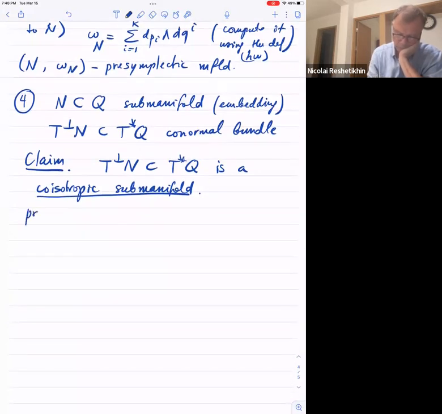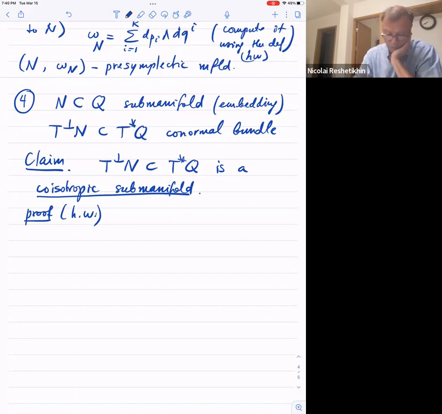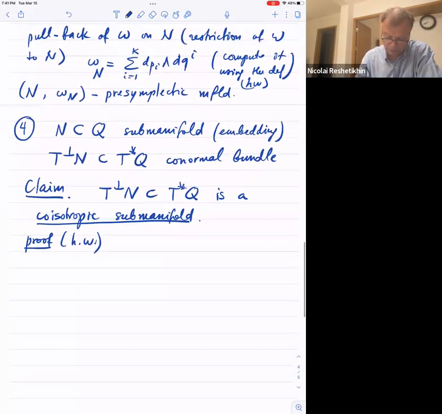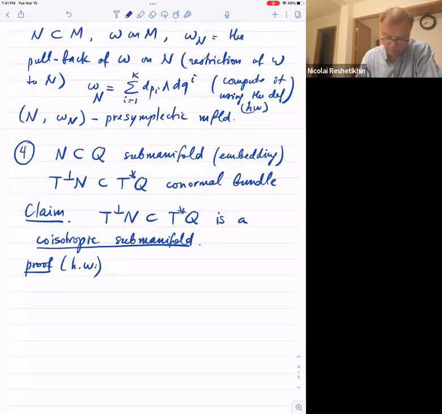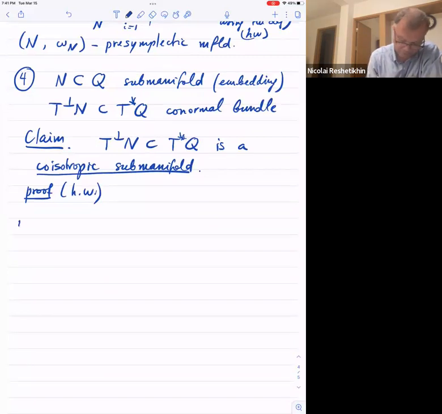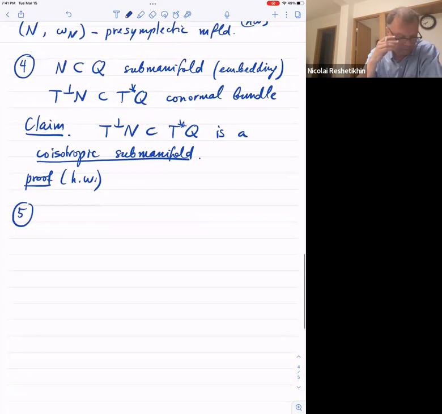And again, proof: it's a nice homework. You can prove this without going into local coordinates, by the definition of coisotropic submanifold that we had last time and at the beginning of this lecture. The other way is to use local coordinates and reduce it to the third example. Both ways work well here.